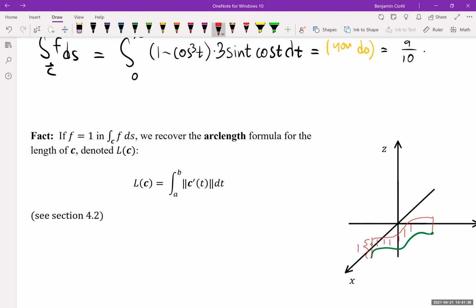Well, in that case, the area of the fence will be the same as the length of the curve. And in fact, you're supposed to have already seen the arc length formula. So that's what you get if you let f be 1 in the path integral formula. You recover the arc length formula. And this is in section 4.2 in the textbook.